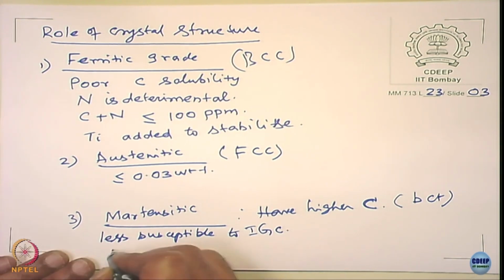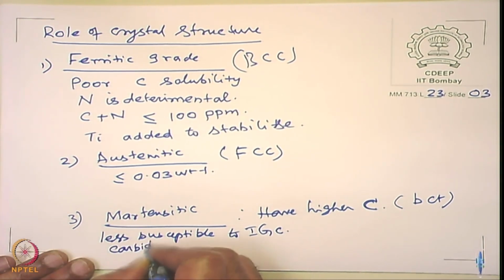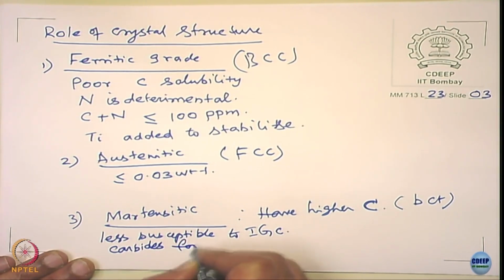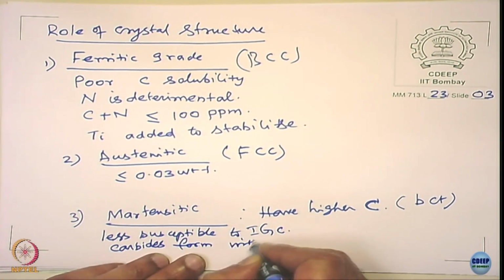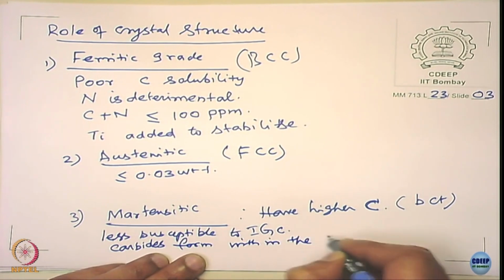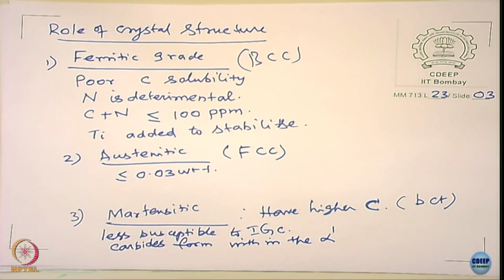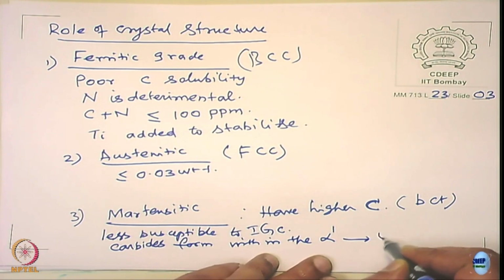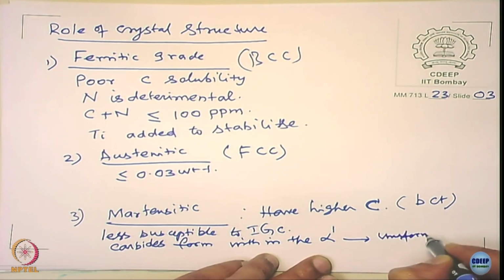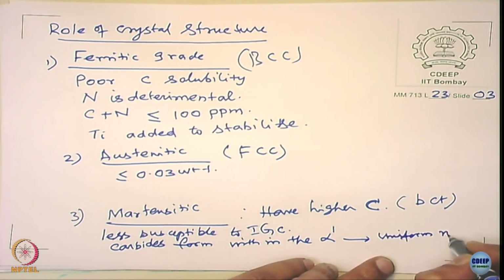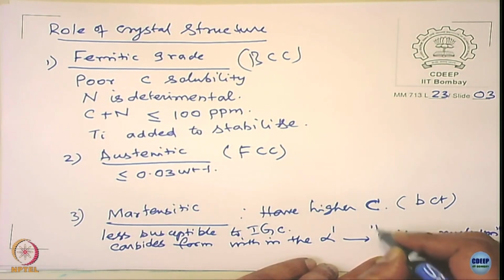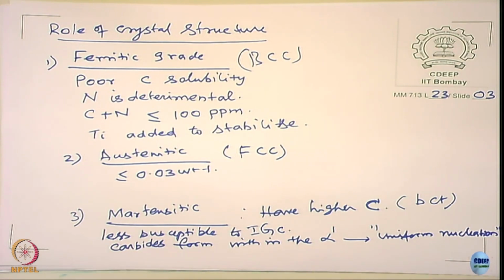The carbides form within the martensite. Martensite is given by a term called alpha prime. So you have more or less uniform nucleation. This is not a right term to use, but I will use it. So the grain boundary precipitation of chromium carbide is very less here.